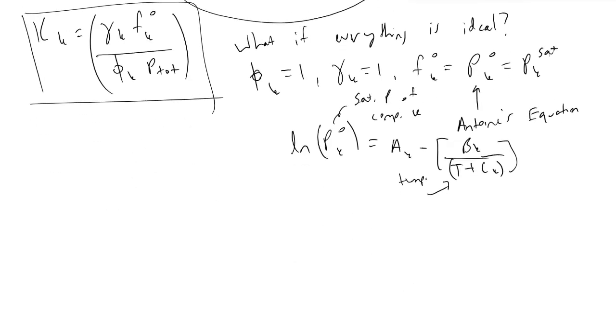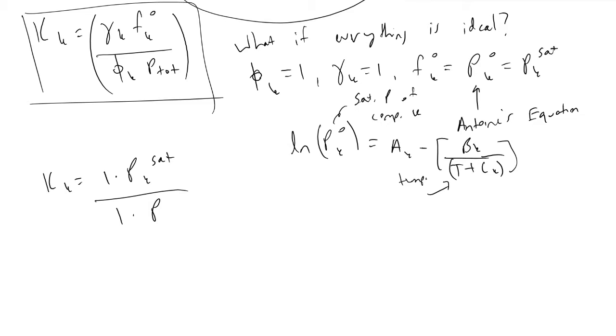And finally, if everything is ideal, then we can make the claim that K_k will be equal to 1 times f_k naught, which we just established was the saturation pressure of component k, divided by our vapor fugacity coefficient, which is now 1 because it's ideal, times P total.